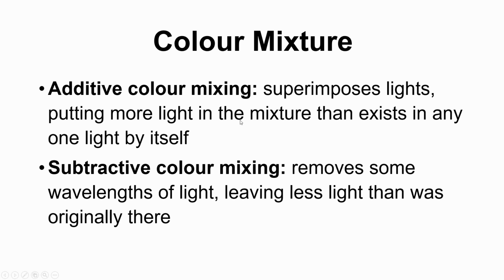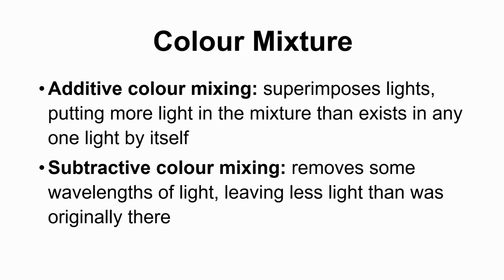In contrast, when we're looking at our eyes, we're looking at different wavelengths of light coming in. So we're not looking at the process of subtracting out wavelengths and reflecting specific types. Instead, we're looking at what's called additive color mixing. So we're focusing on adding together any incoming waves of light, those different frequencies, those different wavelengths.